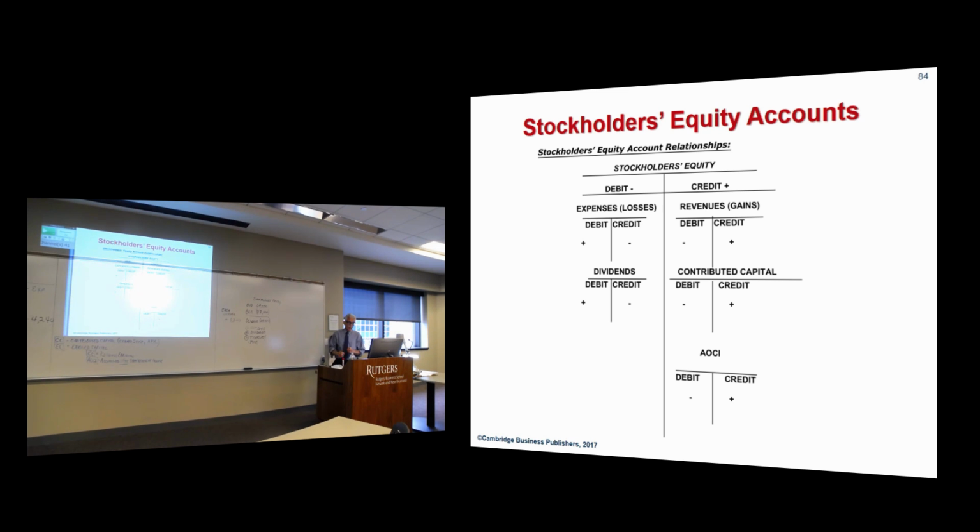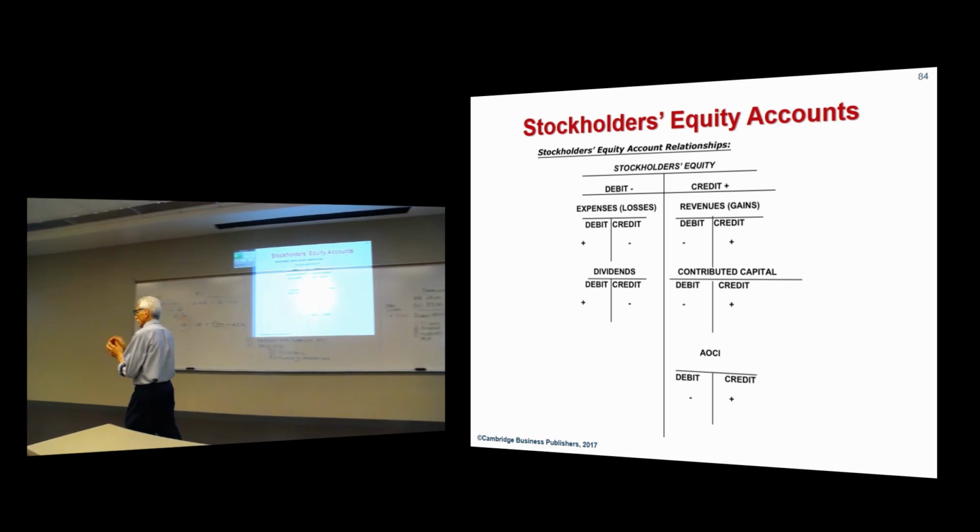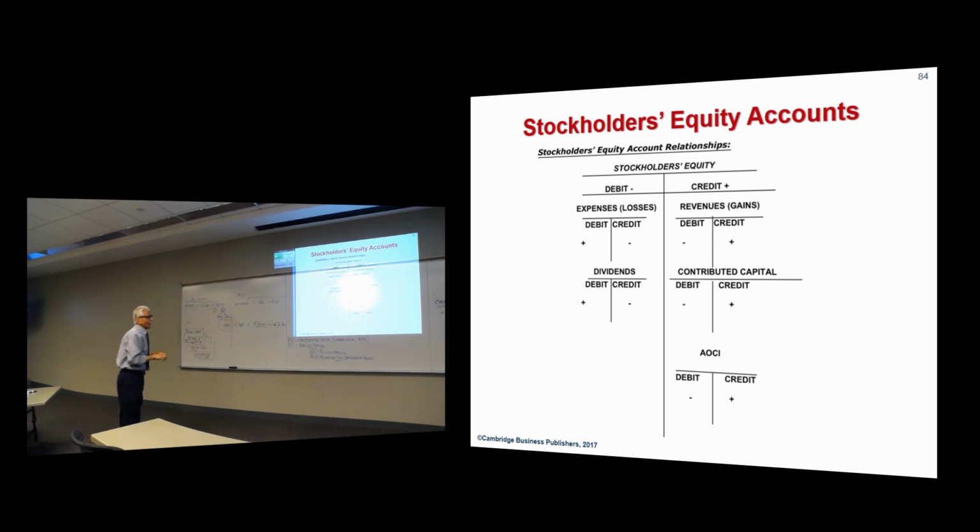For me, I'd rather have a giant stockholders' equity account. It shows you that on the credit side, which is the consistent side, if I increase equity, I'm going to credit that account, right? I credit equity to increase it.